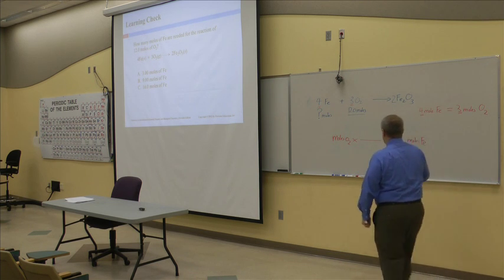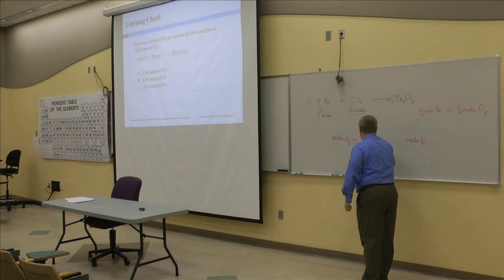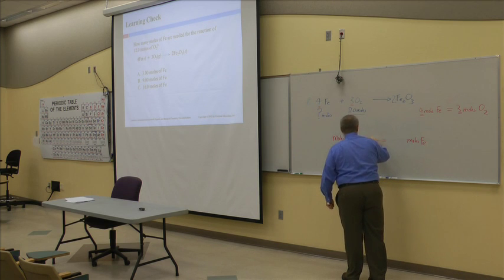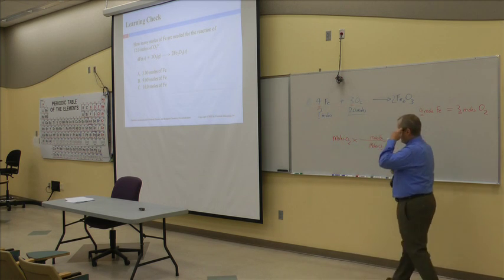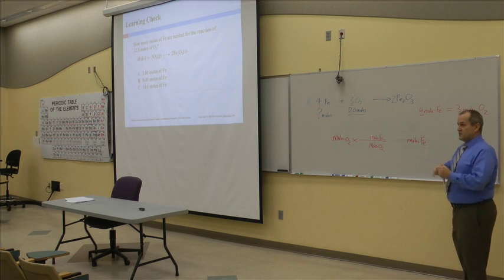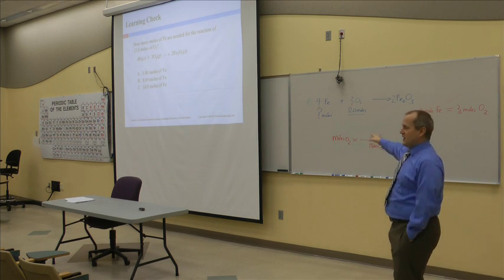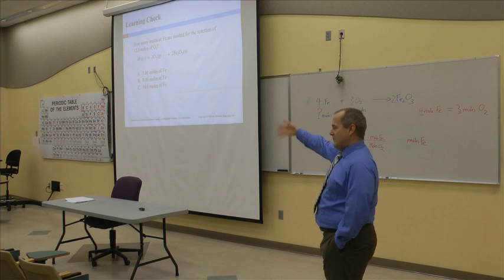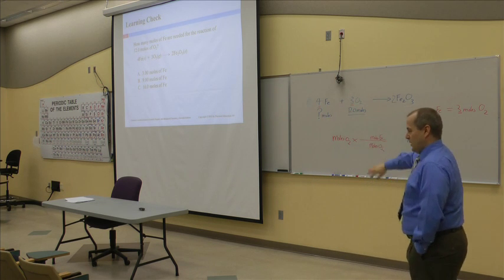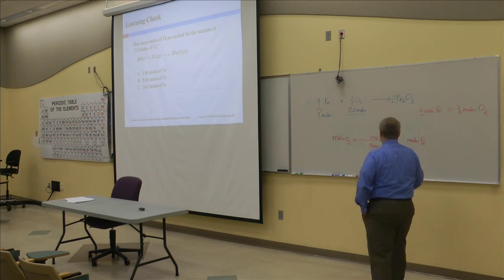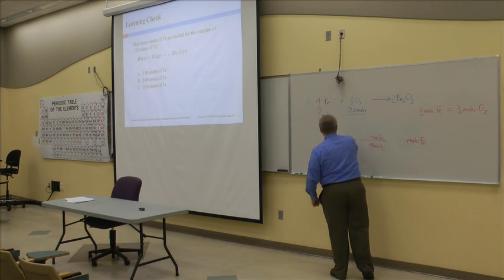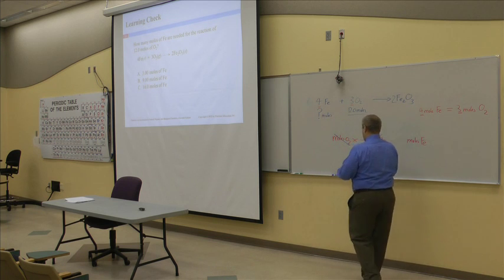Now, to do this, I have to put moles of O2 on the bottom and moles of iron on the top. That way my units will cancel. This is just like what we've already done through most of this class, right? Have this, need that, multiplied by something. What you don't want on the bottom, what you do want on the top, make sure they cancel, and go. So the moles of O2 cancel out nicely.